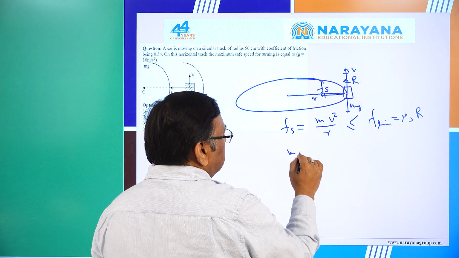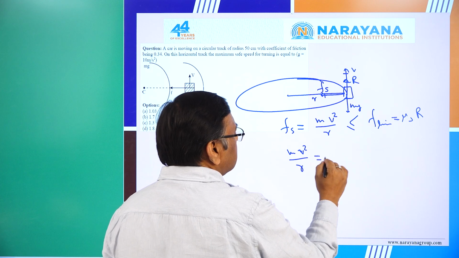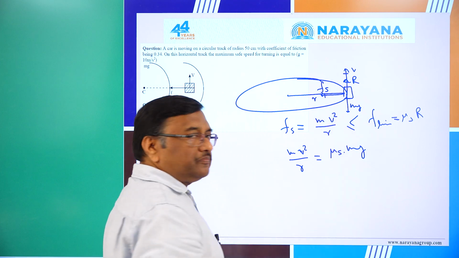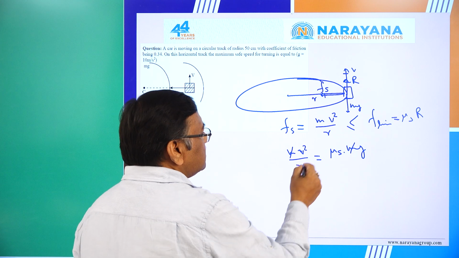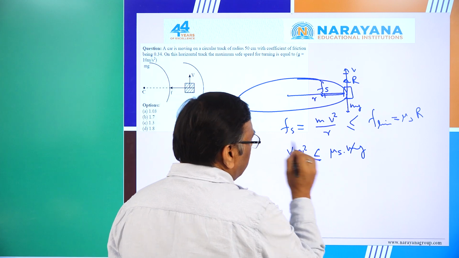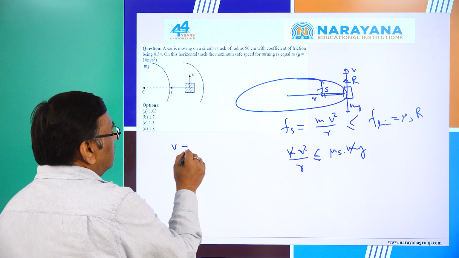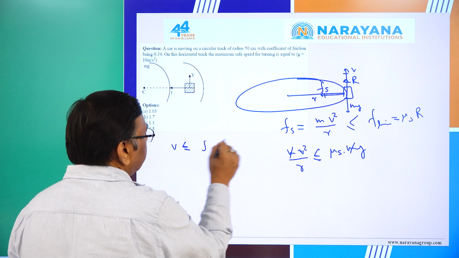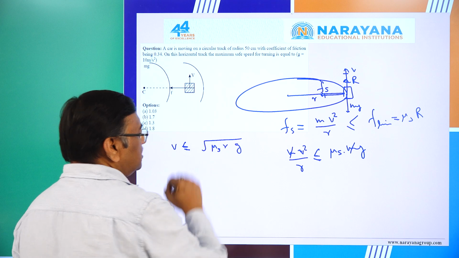What we can say here is mv square divided by r is equal to mu s into mg, with m cancelling out. Here it is less than or equal to. So v is less than or equal to under root of mu s into r into g.